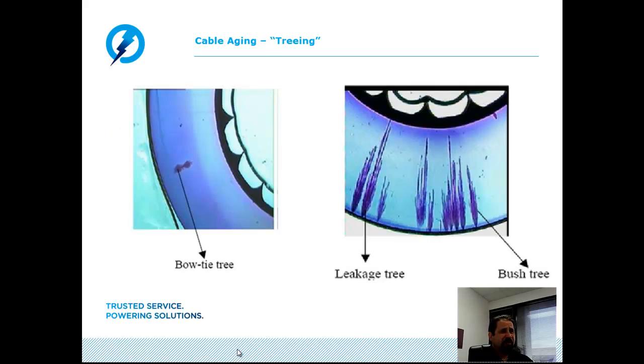Talking a little bit about cable and cable aging brings us to the topic of an event called treeing. Now, water tree degradation is a major problem for medium voltage extruded dielectric cables, particularly service-aged polyethylene and cross-link polyethylene cables.